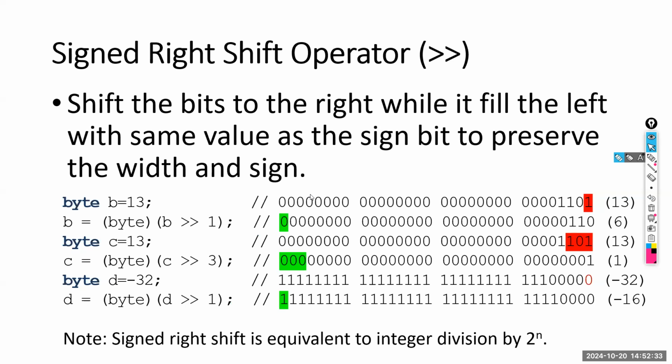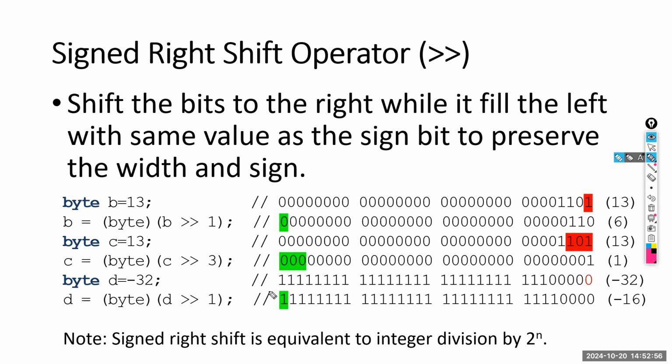For that, of course, if it is a positive number, here we fill with zeros. If it is a negative number, still we push it, but we fill with ones. Because when we fill with ones, we preserve the sign. So therefore, signed right shift will always give positive results for positive numbers and negative results for negative numbers.